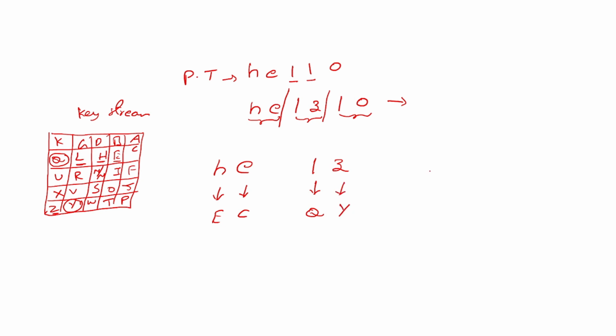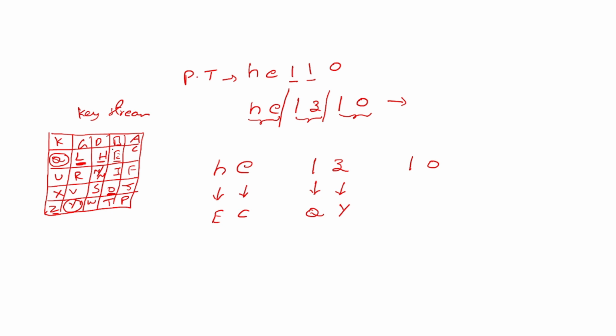And next, L, O. L is located here and O. So this pair is also not in the same row or same column.